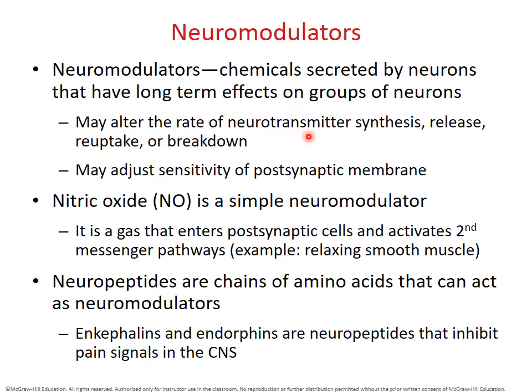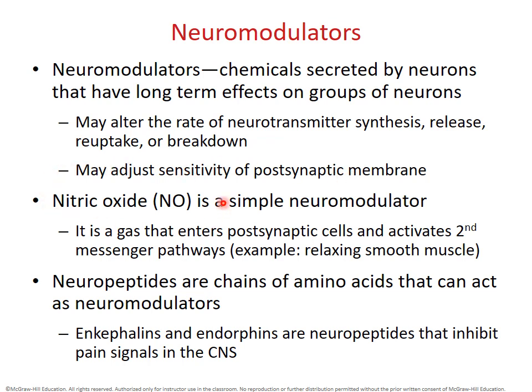They might affect how rapidly those other neurons release their neurotransmitters. They might affect how rapidly the other neurotransmitters are broken down or reabsorbed at the synapse. And so basically neuromodulator chemicals adjust the sensitivity and activity of postsynaptic neurons.